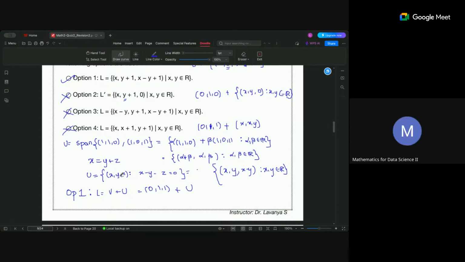If x1 plus x2 plus x3 equals 3, then what is the basis? Is it first of all a subspace? No, because 0 is not there. Yes, it's not a subspace.